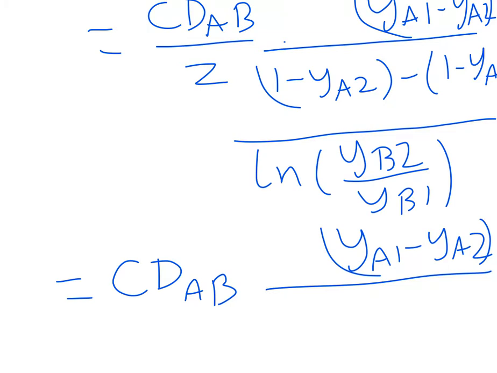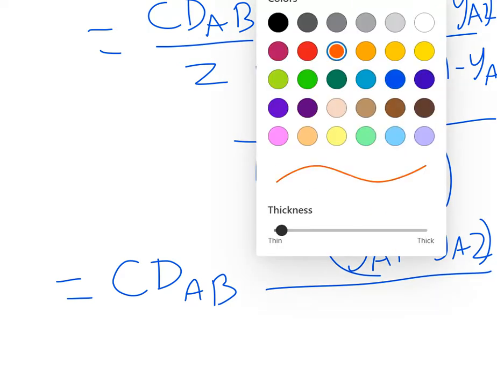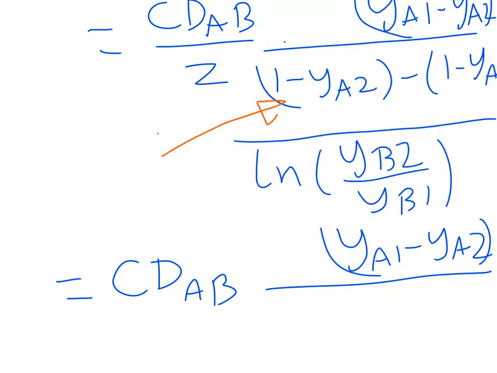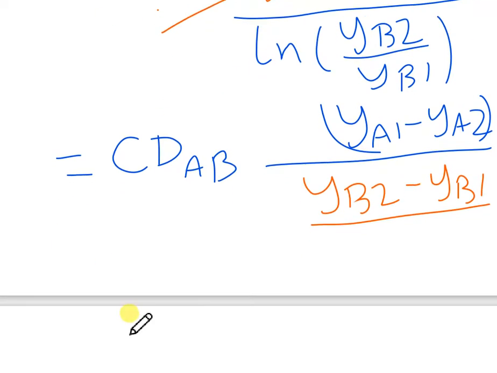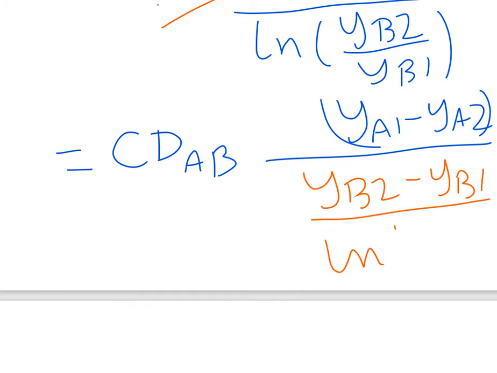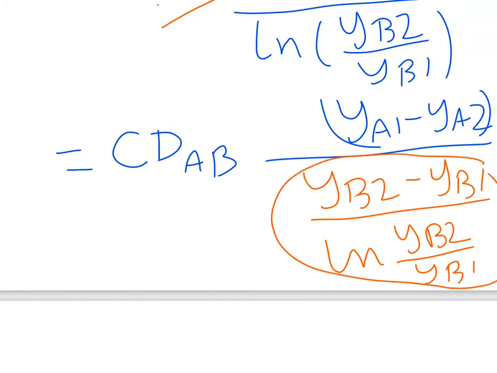So this is again yb2. So this is yb2 minus yb1 divided by ln yb2 over yb1, and this one is called the log mean average, log mean of yb2 and yb1.